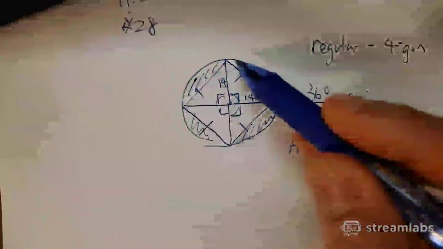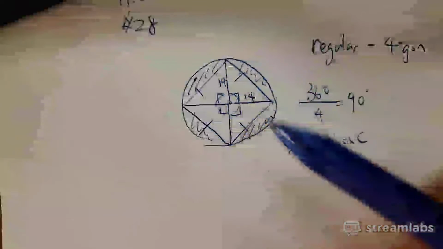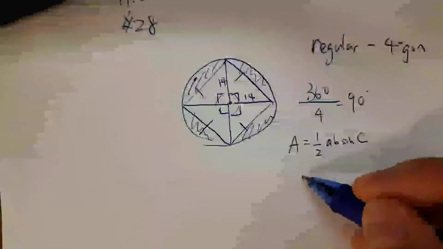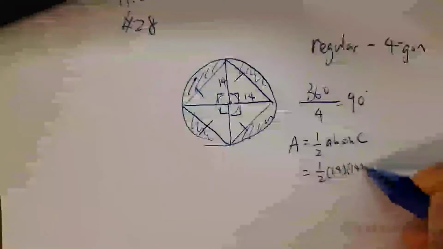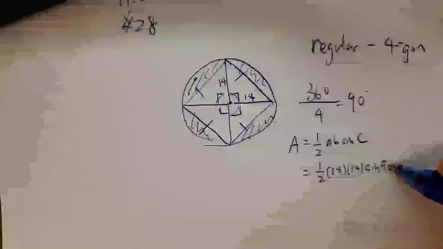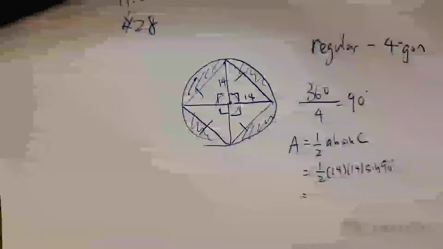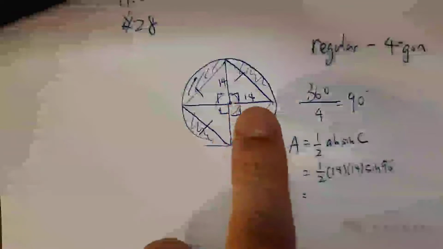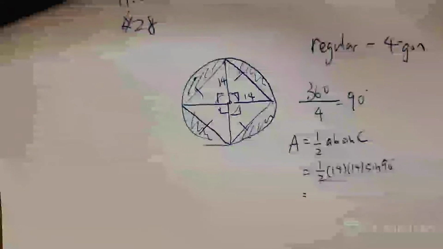So for this triangle, 1/2 times 14 times 14 times sine 90 degrees. Sine 90 degrees is 1, so it's the equivalent of doing base times height, which turns out to be 98.